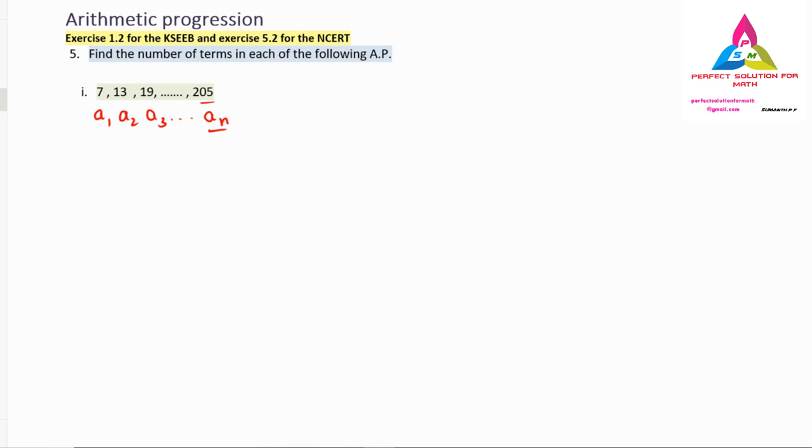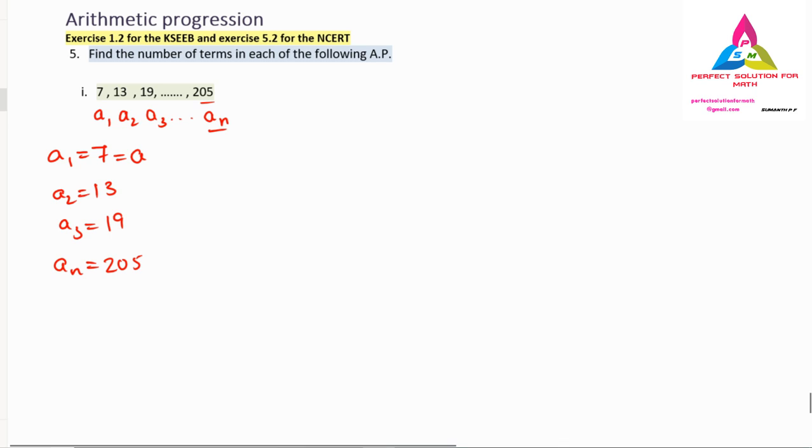So the first term a1 is 7, also called a. Next a2 is 13, a3 is 19, and lastly an is equal to 205.